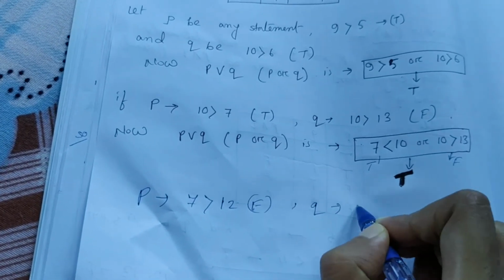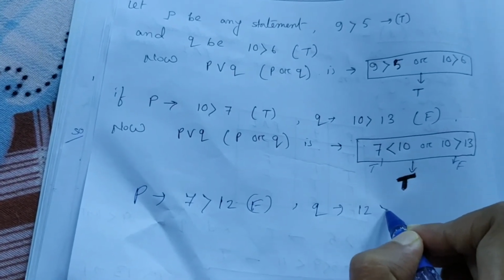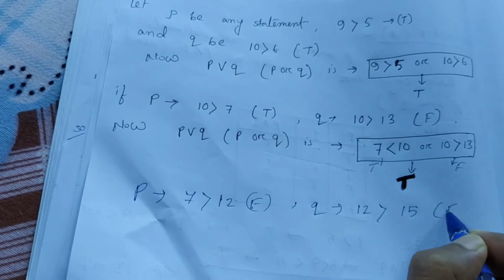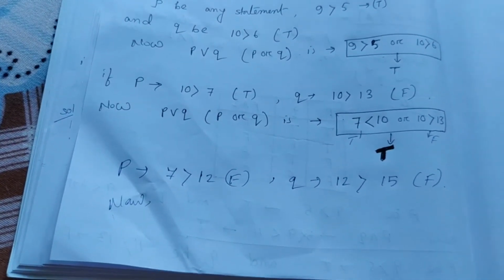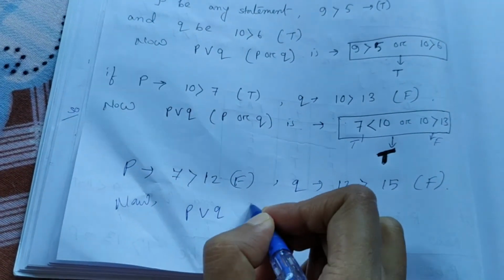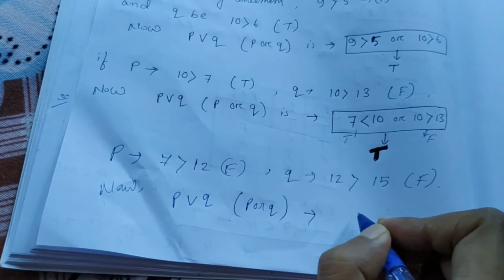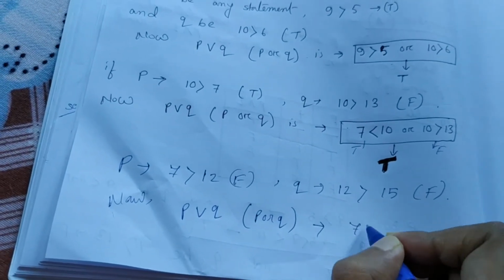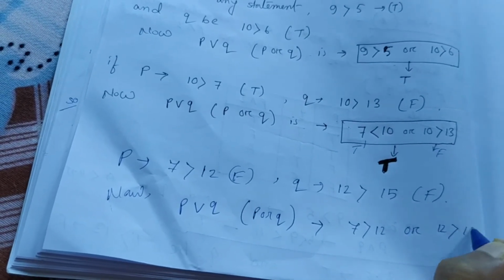Q is 12 greater than 15, it is again a false statement. Now if I write P or Q, the statement will be 7 greater than 12 or 12 greater than 15.